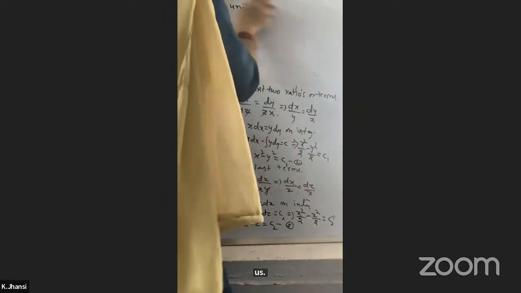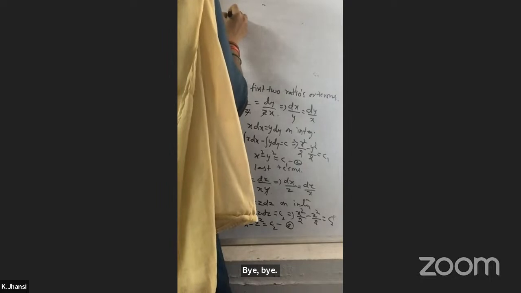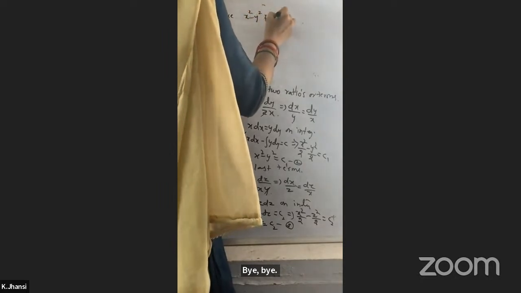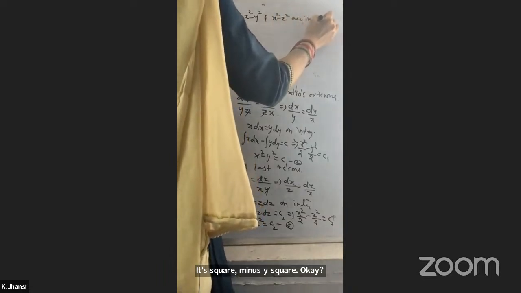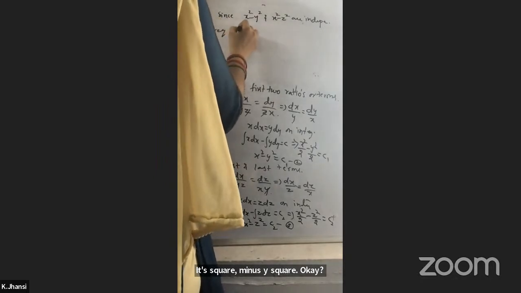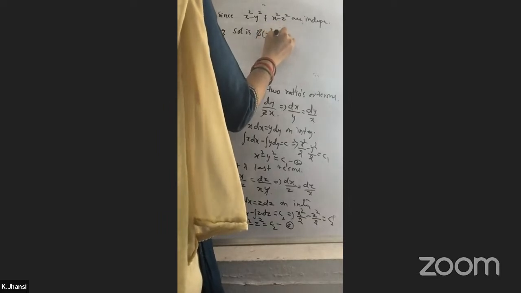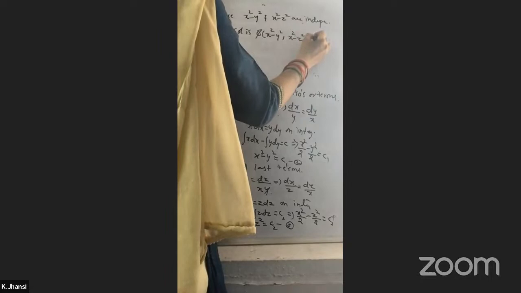So the required solution is, x square minus y square and x square minus z square are independent. The required solution is phi of x square minus y square comma x square minus z square equals to 0.